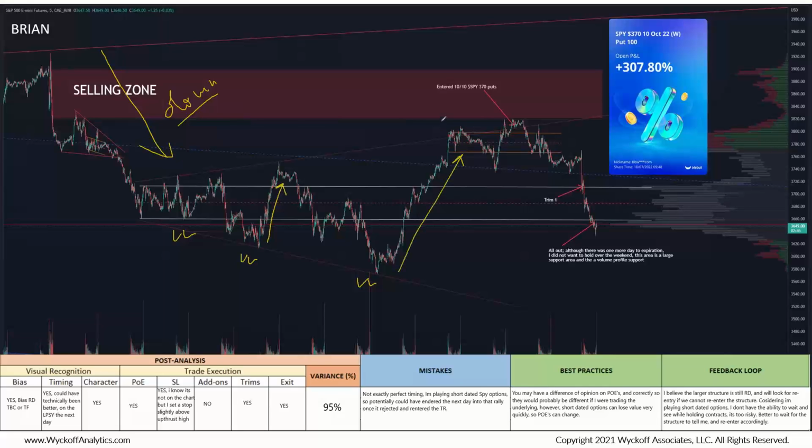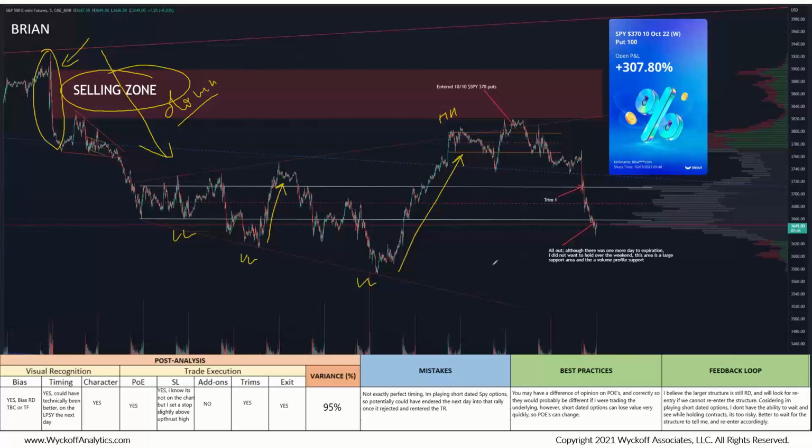But if we look back to the left, and I think Brian's labeled it very well here, where is the zone of selling that this whole downtrend originated in? Well, we can see exactly where price comes to. And at that point, we're making one effort.